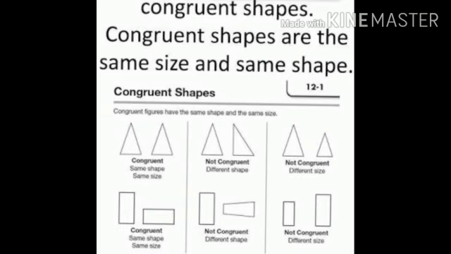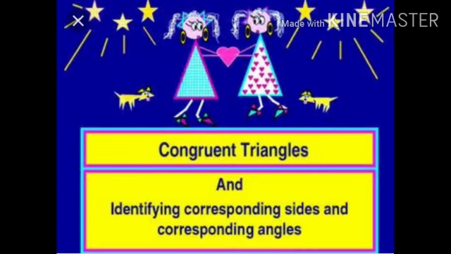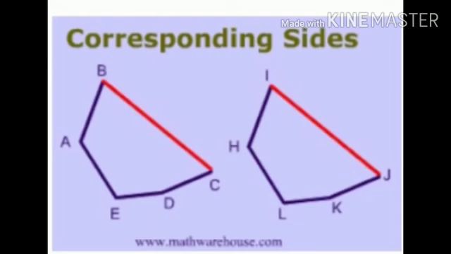So from the figure we can easily understand that second figure, third figure, fifth figure and sixth figure are not congruent. Now we are going to discuss about how to identify the corresponding sides as well as corresponding angles of any two given congruent triangles.